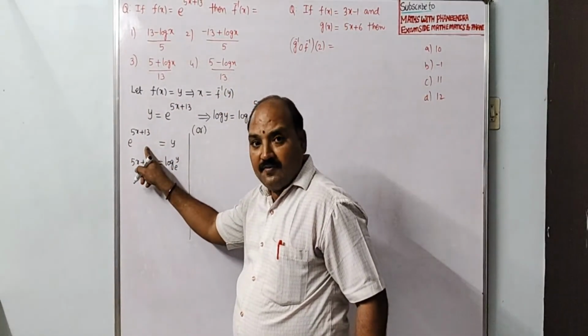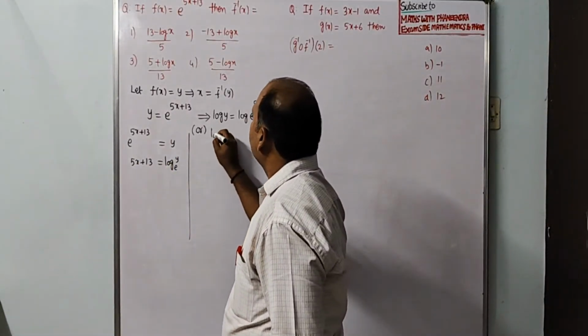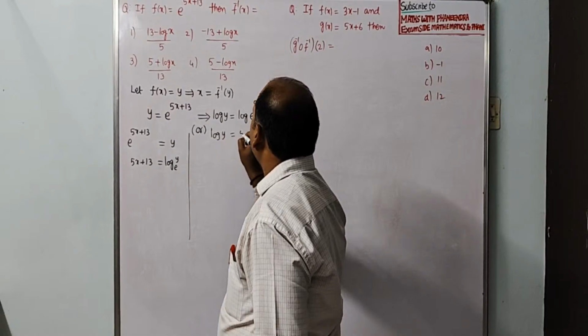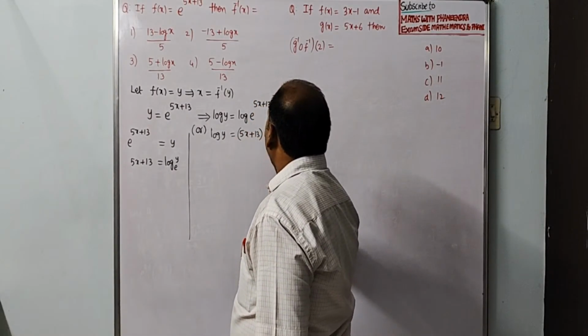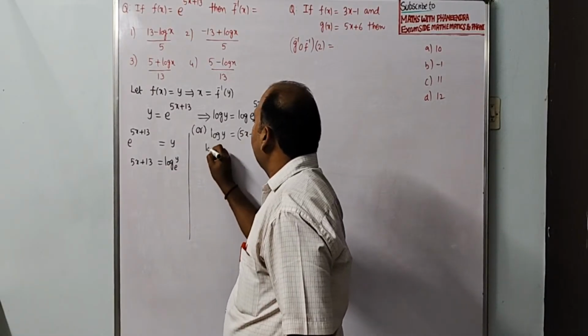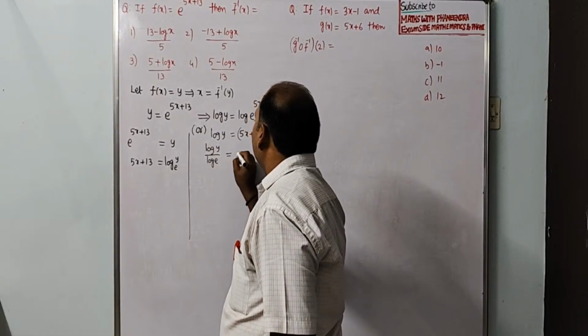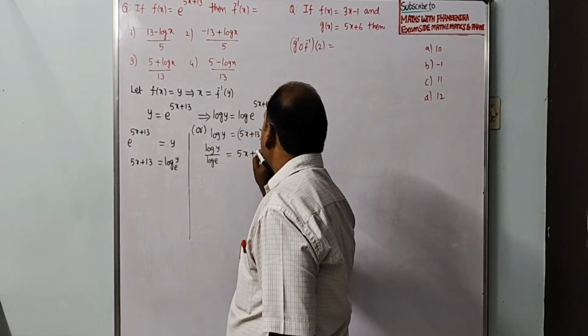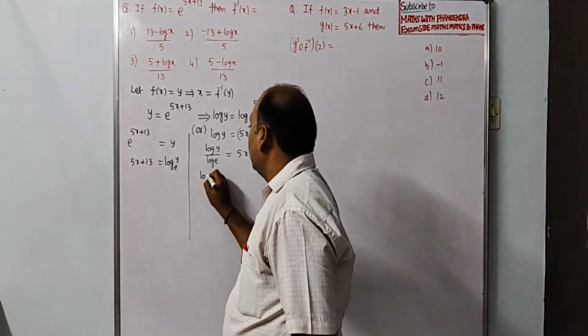This is by definition of logarithm we are doing this. Otherwise, taking log on both sides, log y equal to 5x plus 13 into log e, by the log a power n formula, log e bring this side. Log y by log e is equal to 5x plus 13. Log a by log b is log a to the base c.